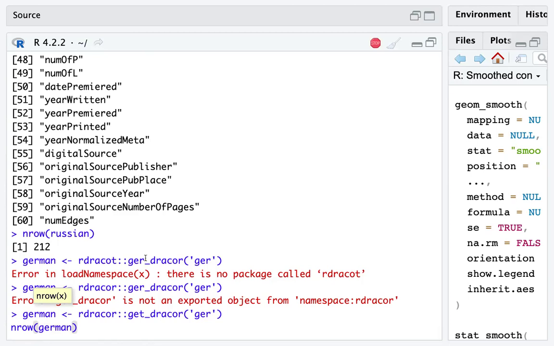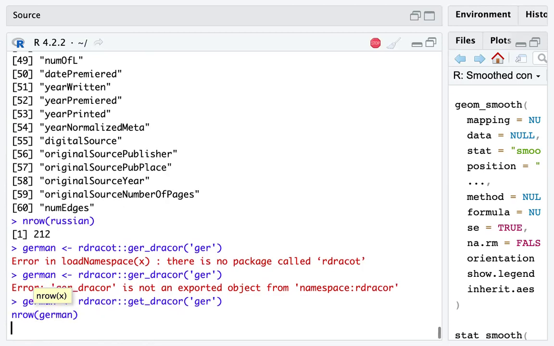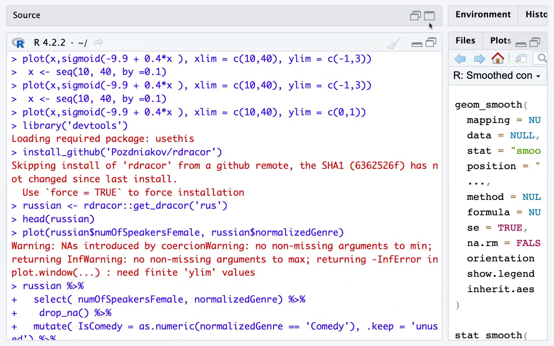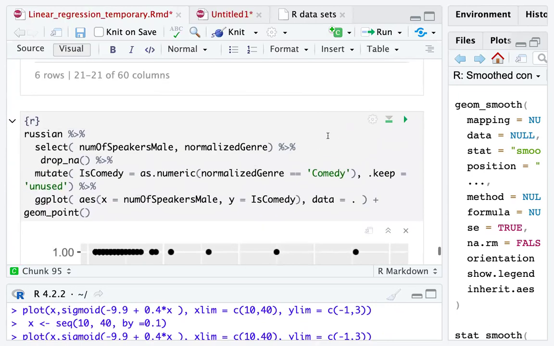So it's requiring a little bit more. So you see that there are 700 plays. So it's a lot in the German corpus. Maybe let's try to do the same with the German, see if there is some difference. So let's substitute Russian with German, and let's try it.